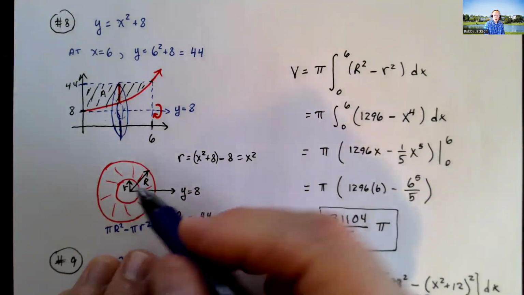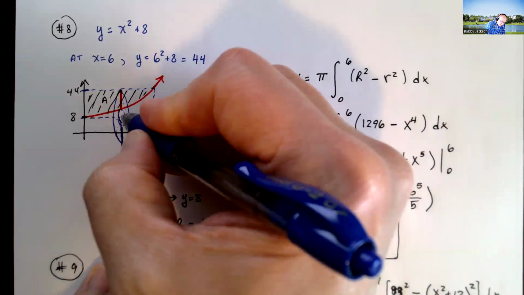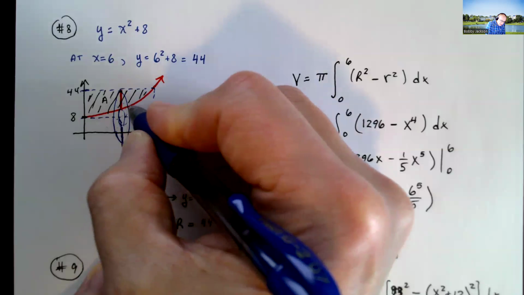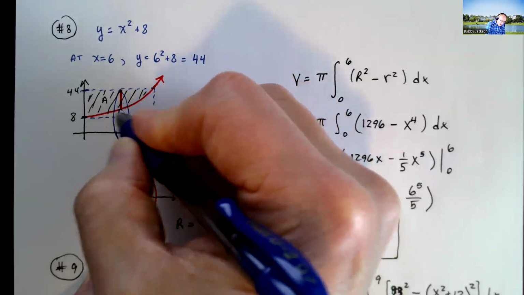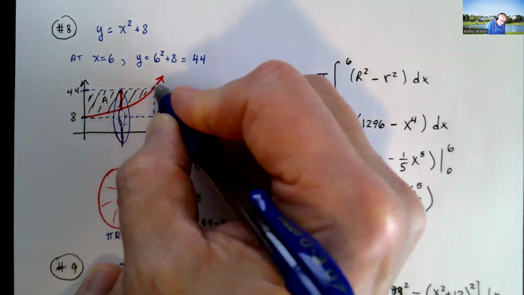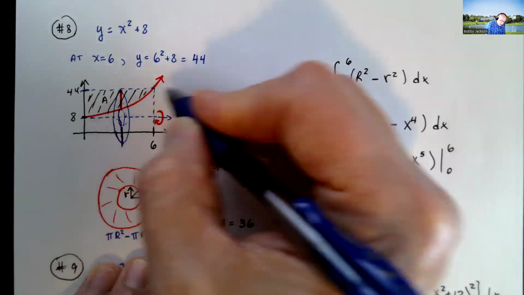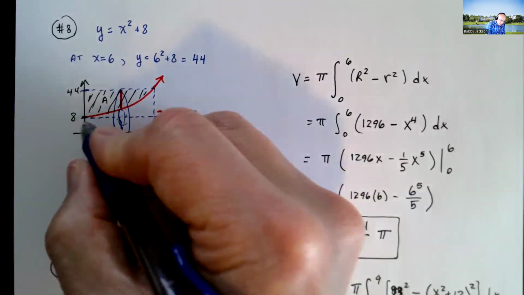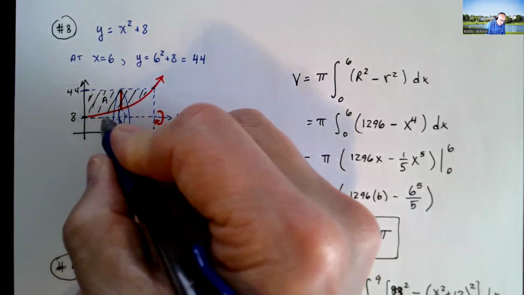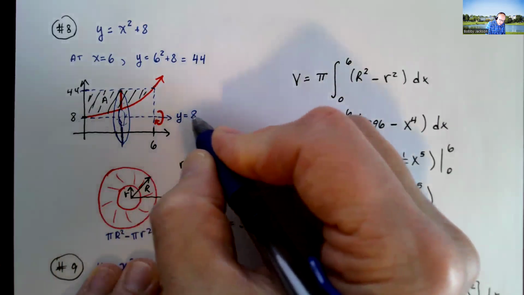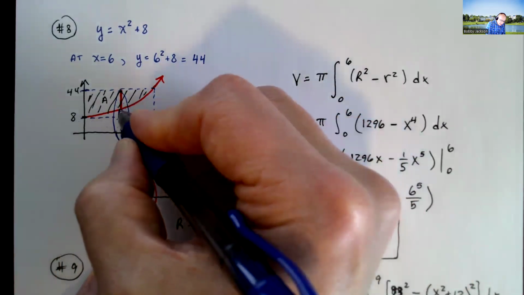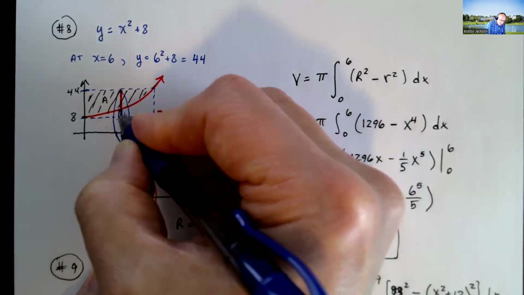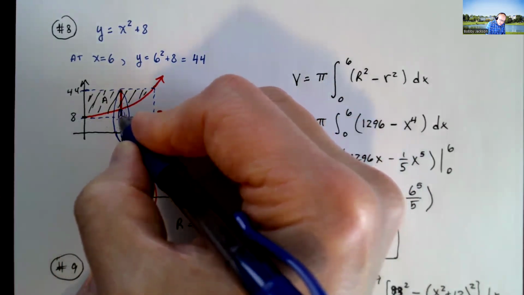So what is little r? Little r will be from the axis of rotation to the bottom of our rectangle. What's that y length? Well, the top is on this curve, so the y value of the top is x squared plus 8 for an arbitrary value of x, and the bottom is always on y equal 8. So this little segment from here to here, the y value of that, is the value of little r.